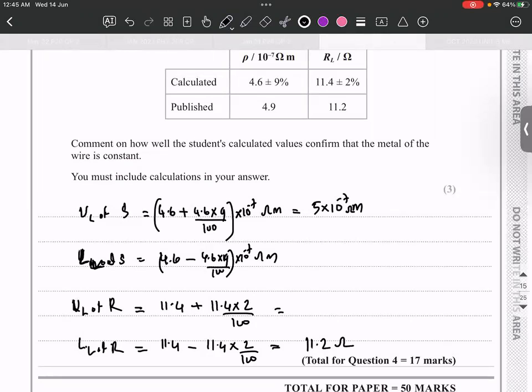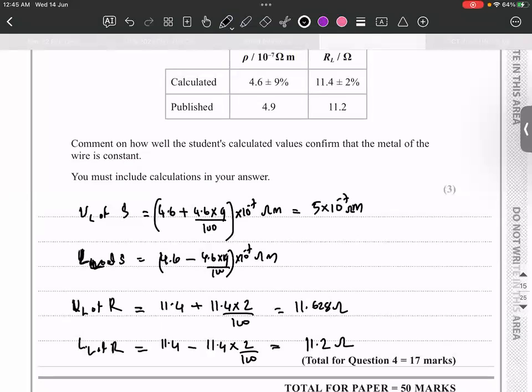What is the upper limit of R? 11.2, no, 11.4 times 1.02, so we will get it as 11.628.